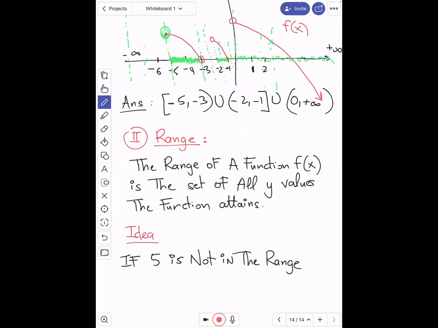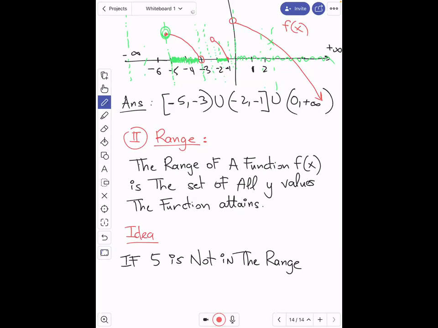Remember, for the domain, if 5 is not in the domain, it means that f of 5 is undefined. There is no corresponding output y. Now, for the range, if 5 is not in the range, it means that there is no corresponding input x.